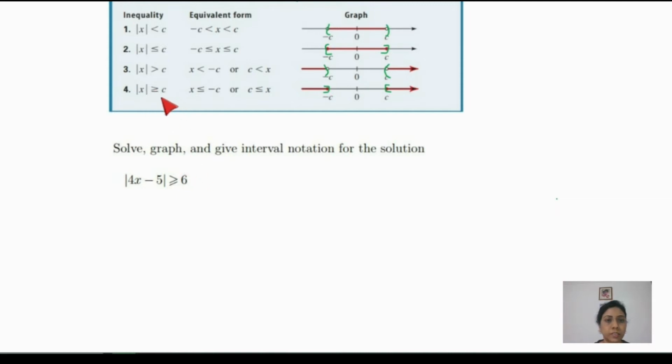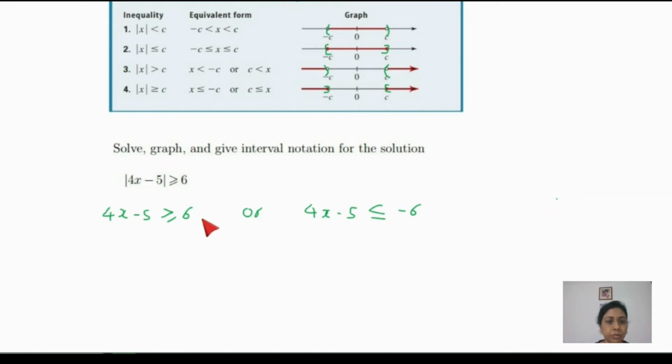So 4x minus 5 is greater than or equal to 6, or 4x minus 5 is less than or equal to minus 6. Now we can solve both inequalities.